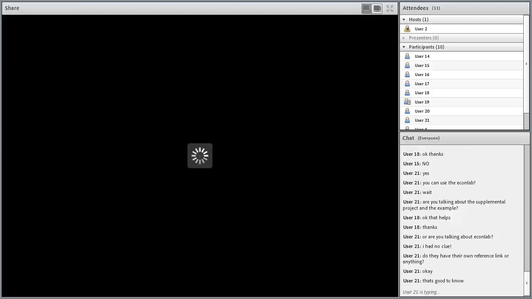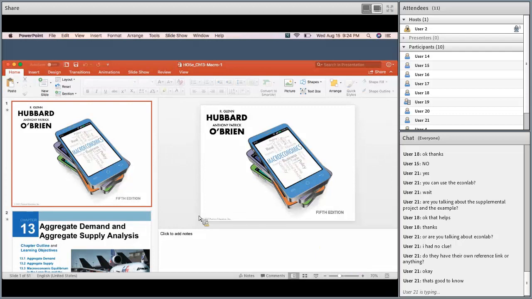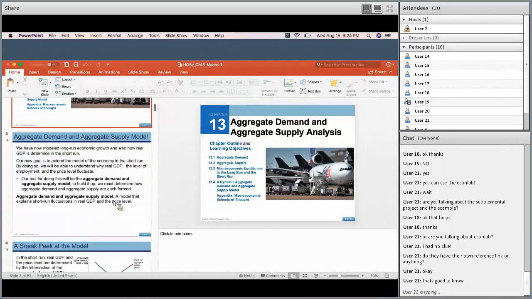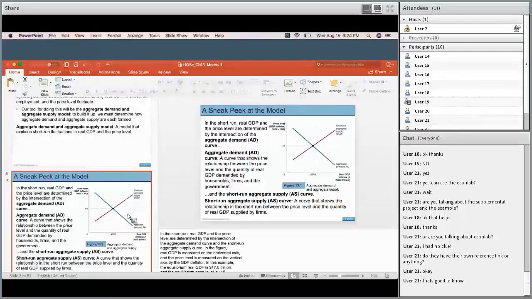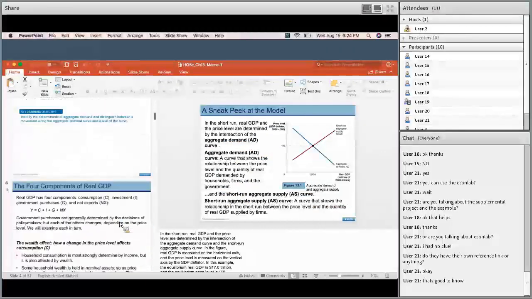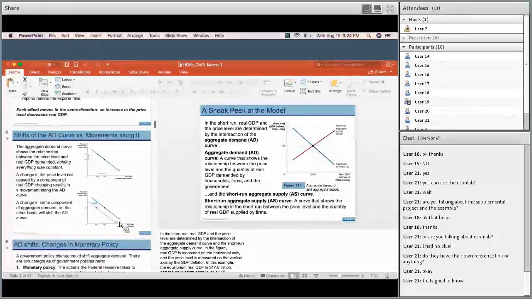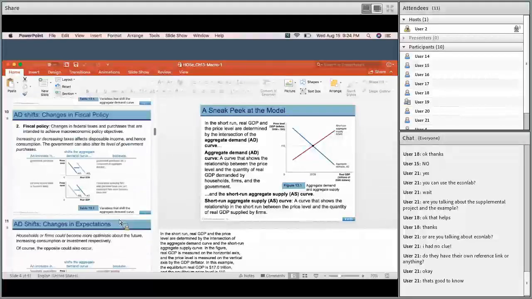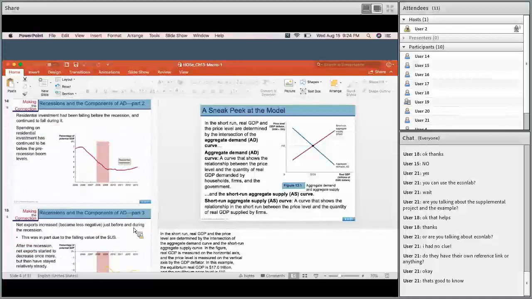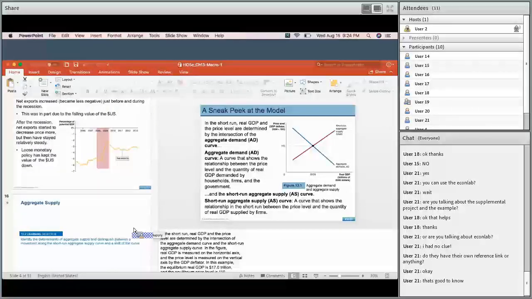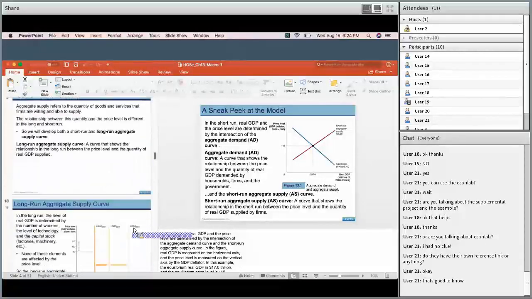If I share the PowerPoint, this is what appears. This is a PowerPoint, see? And you can scroll down, and it does the aggregate demand and aggregate supply analysis, and it'll show you the model. So here you can see the basic model, and as you go down, it will explain to you how the shifts occur and what can cause the shifts.